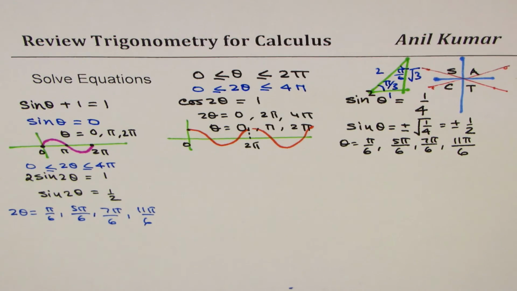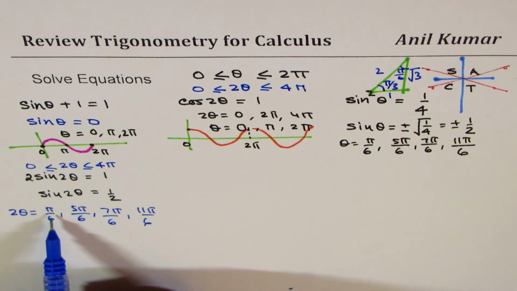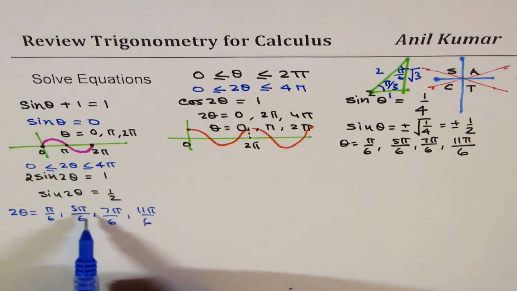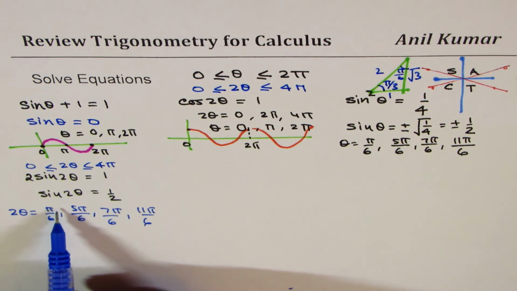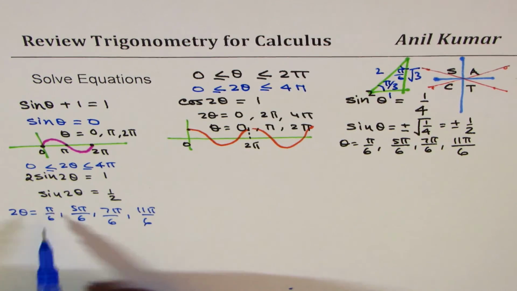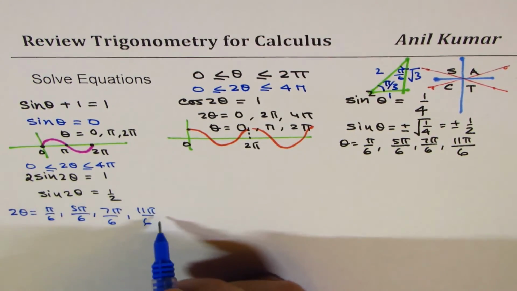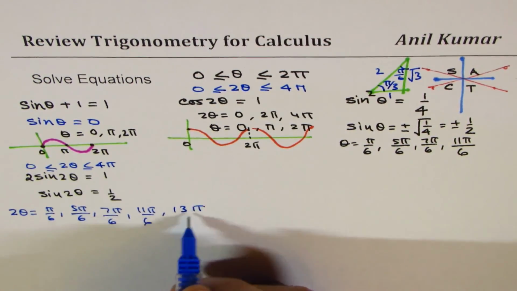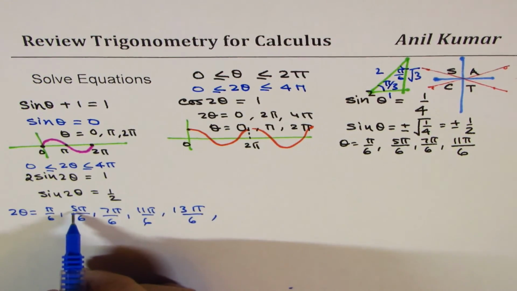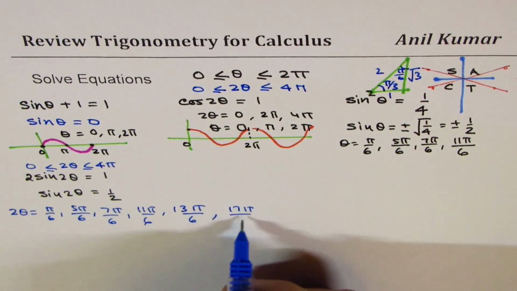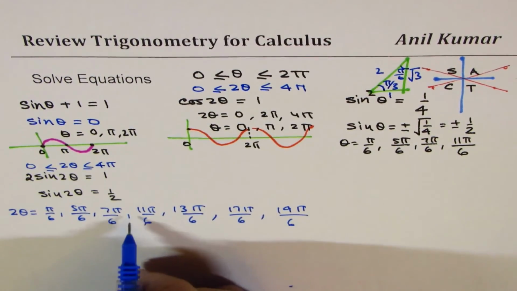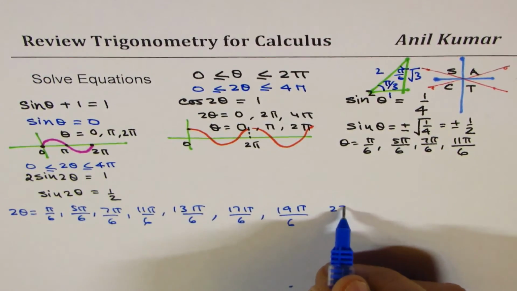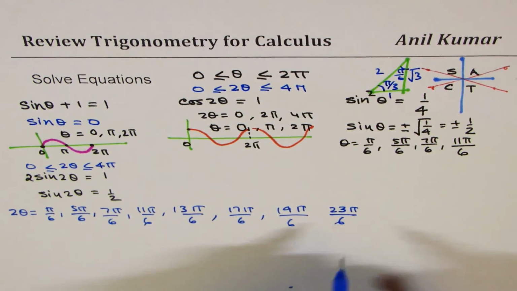One more cycle to it. That is to say, you have to add 2 pi to each one of them. Adding 2 pi means 12, right? So 12 plus 1 is 13 pi by 6. 12 plus 5 is 17 pi by 6. 12 plus 7 is 19 pi by 6. 12 plus 11 is 23 pi by 6, correct?